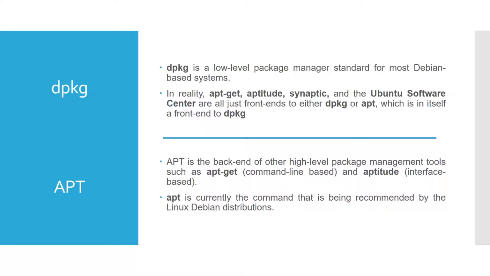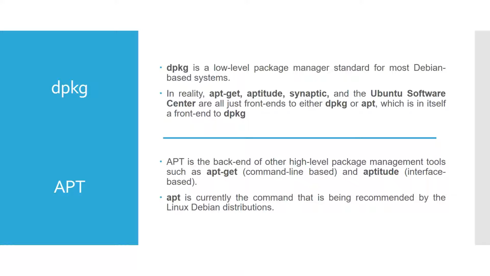The second one is APT. APT is the back end of other high-level tools such as apt-get and aptitude. So we have a three-layer structure: apt-get and aptitude use APT as the back end, and at the same time APT uses DPKG.